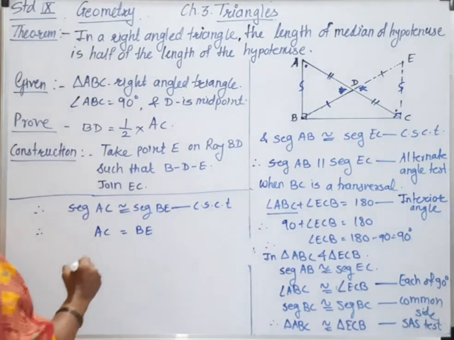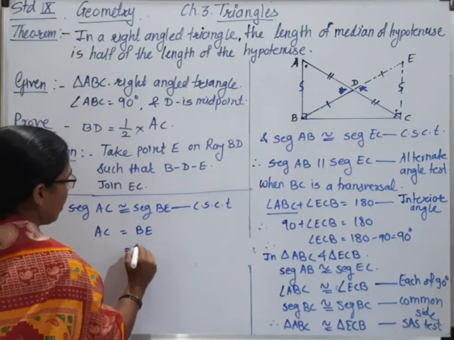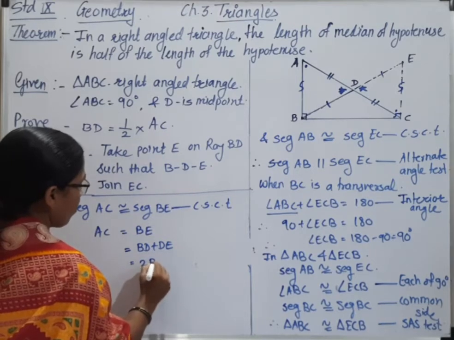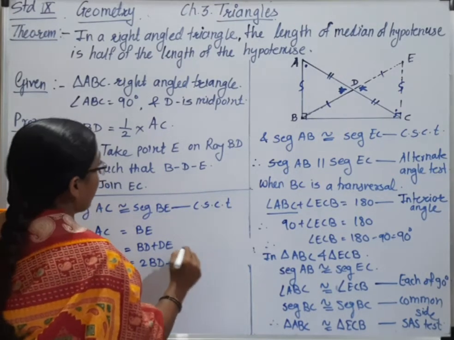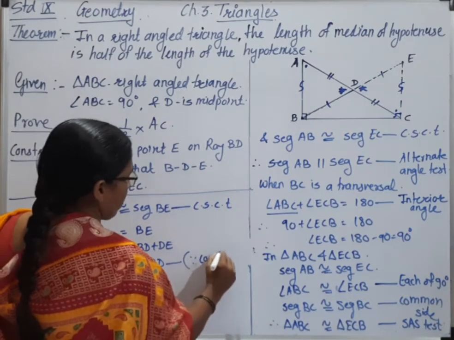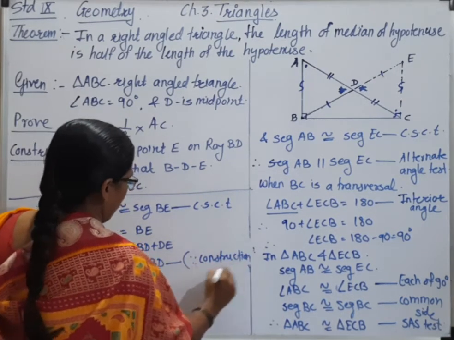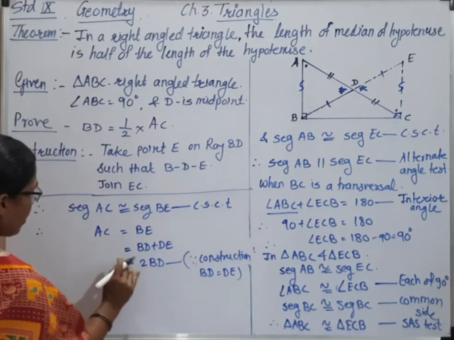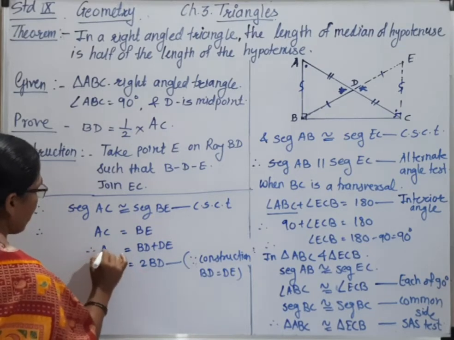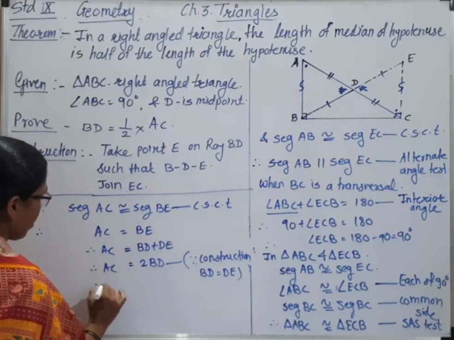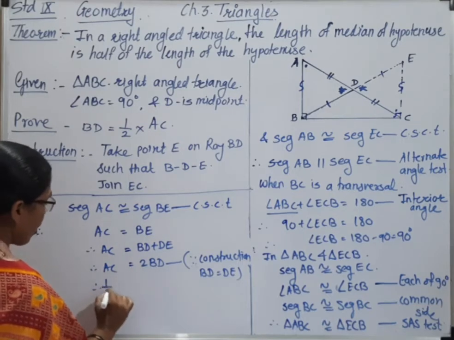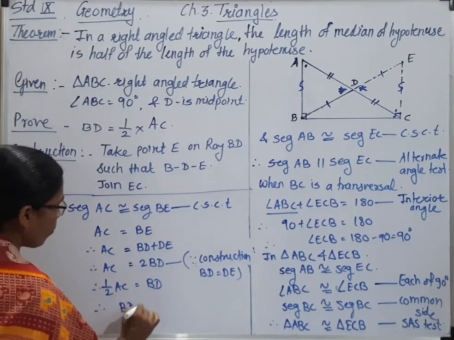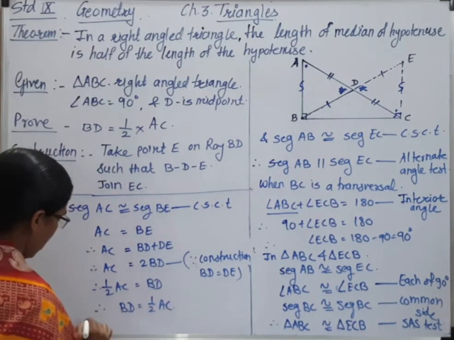And BE is equal to BD plus DE, which is equal to 2BD, from the construction, BD is equal to DE. Therefore AC is equal to 2BD, so 1/2 AC is equal to BD, and therefore BD is equal to 1/2 AC, hence proved.